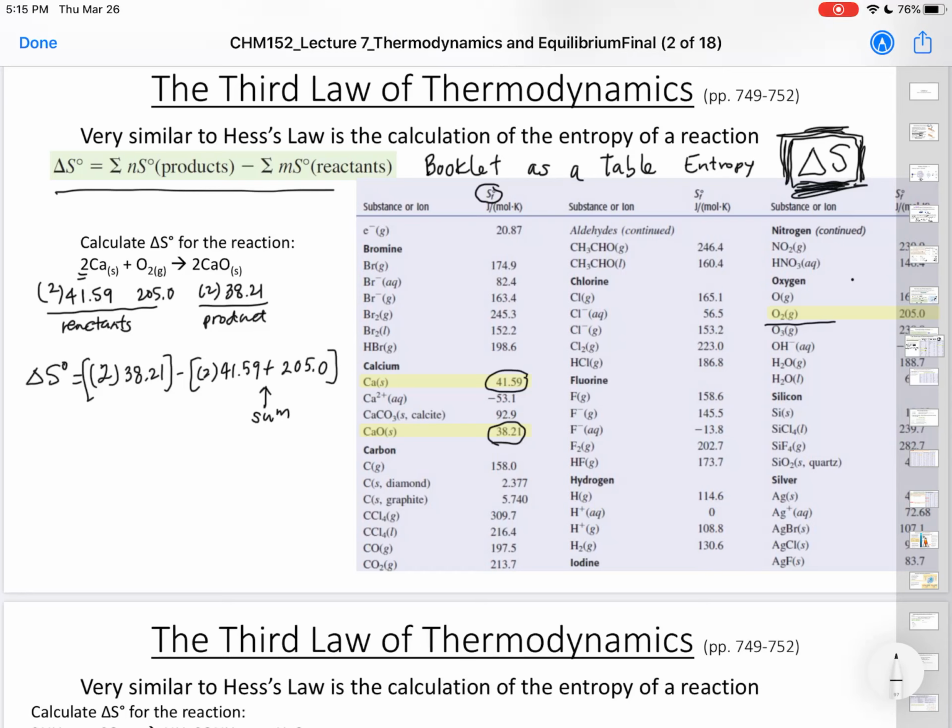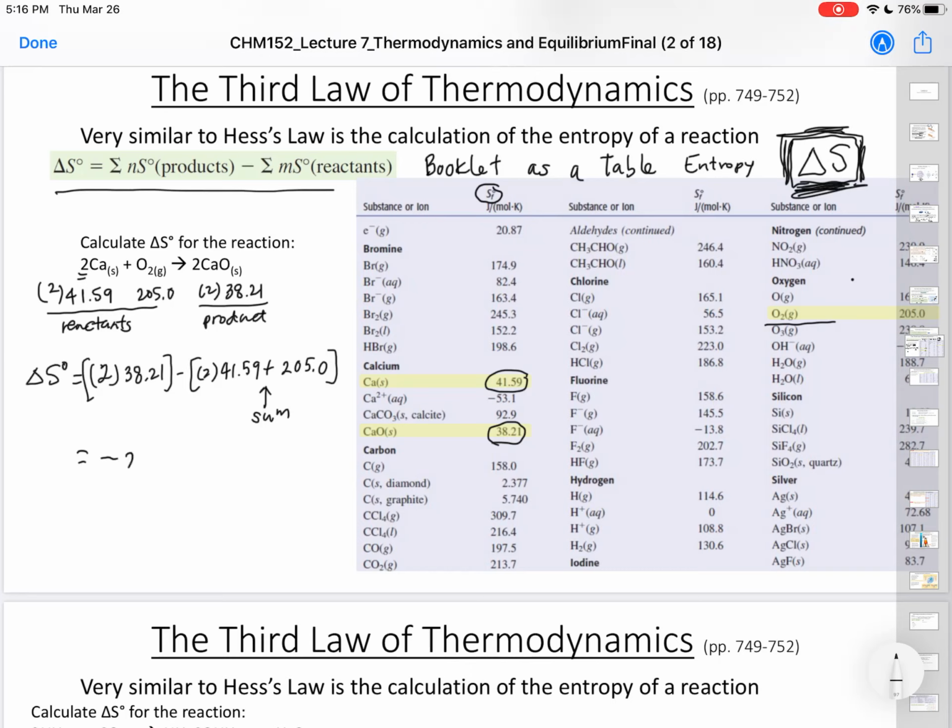If you do this math really quickly, 2 times 38.21 minus the sum of 2 times 41.59 plus 205.